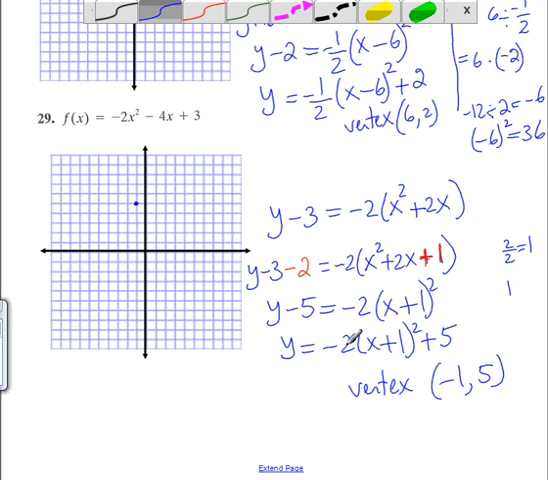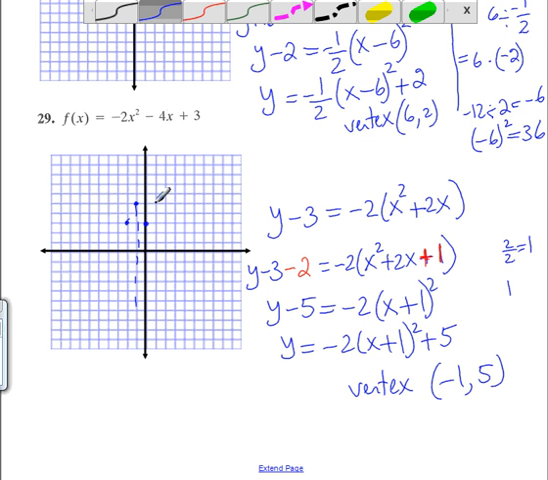It is also, again, reflected over the x-axis because of this negative, and there's a vertical stretch by a factor of 2 because of this number, the a. So instead of going 1, 1, we're going to go 1, 2, but upside down. There's another symmetrical one right here, because this is our axis of symmetry.